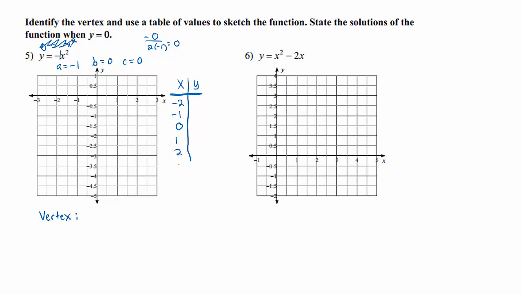Okay, so we're going to plug in all 5 of these into y equals negative x squared.